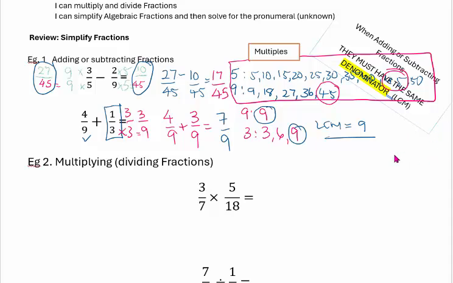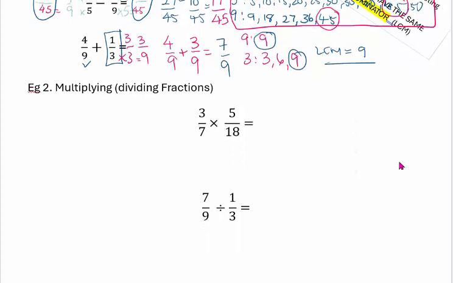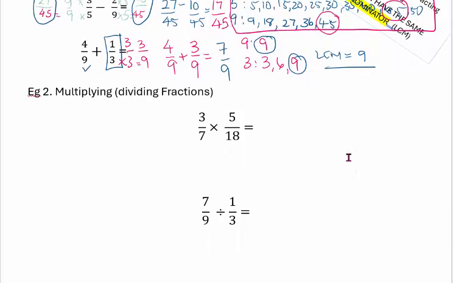Now onto what's much easier, multiplying fractions. When you multiply fractions, it's just the top line multiplied and then the bottom line multiplied, and then you simplify. So look for the highest common factors and divide.